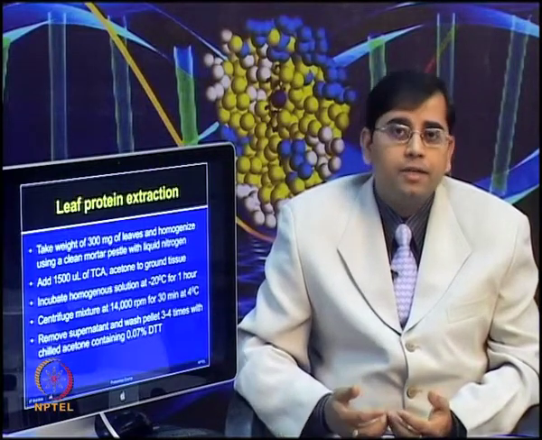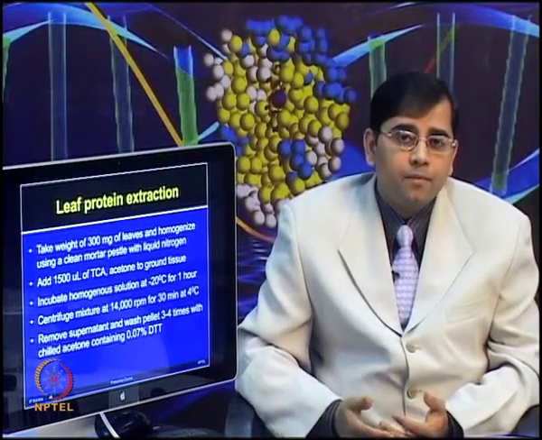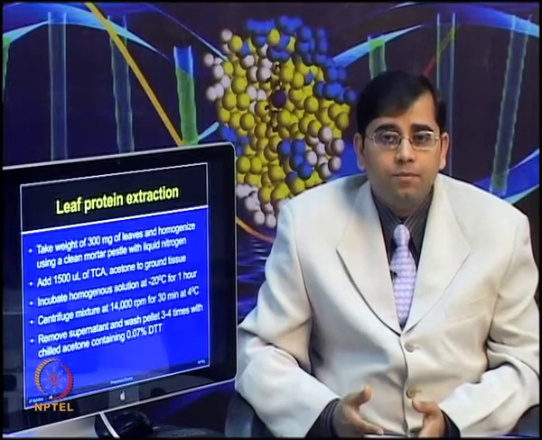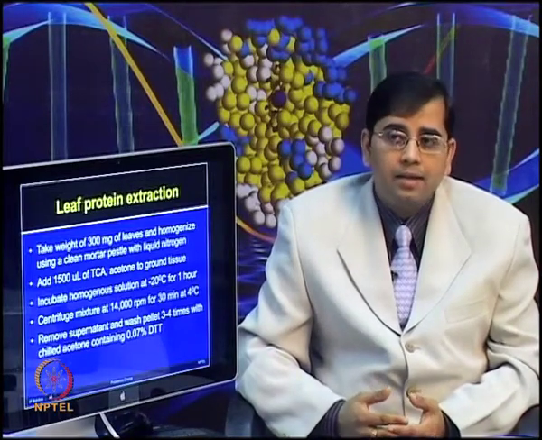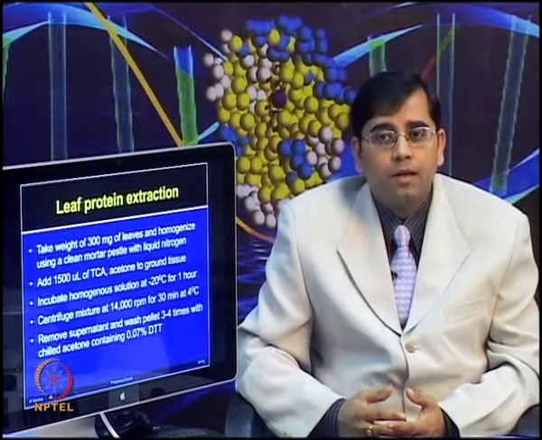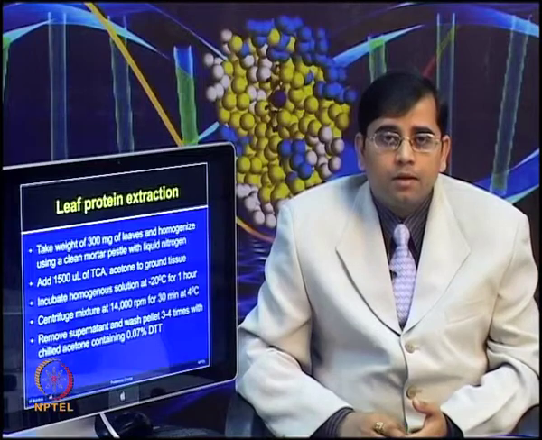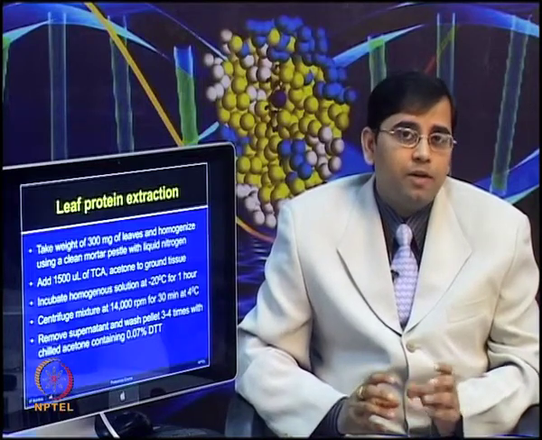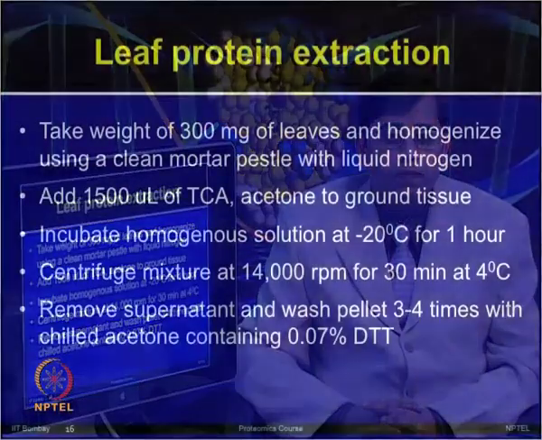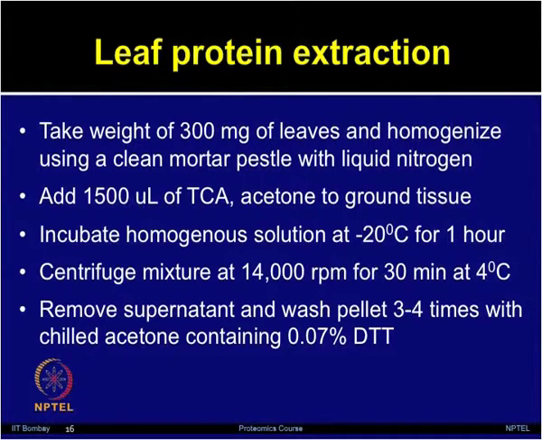Again grind it so that it becomes very fine, and then incubate this homogeneous solution at minus 20 degrees. Let it incubate for an hour or 2 hours, but please keep it consistent whatever incubation timing you use. Then centrifuge this mixture at 14,000 rpm for 30 minutes at 4 degrees.